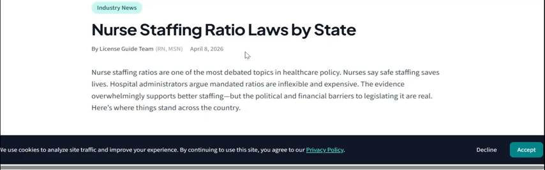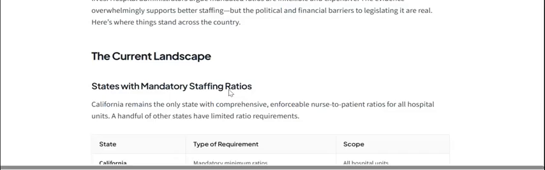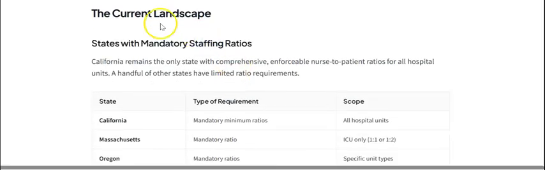Now this site is the nurse license guide, and I had not been familiar with it, but I'm very impressed by what they have posted here, and I'm beginning to look at some other issues about licensure that they offer.